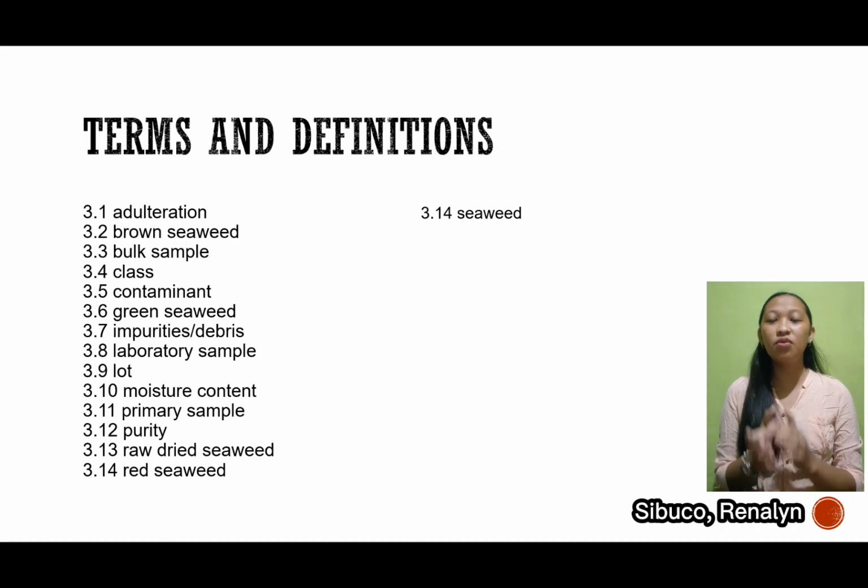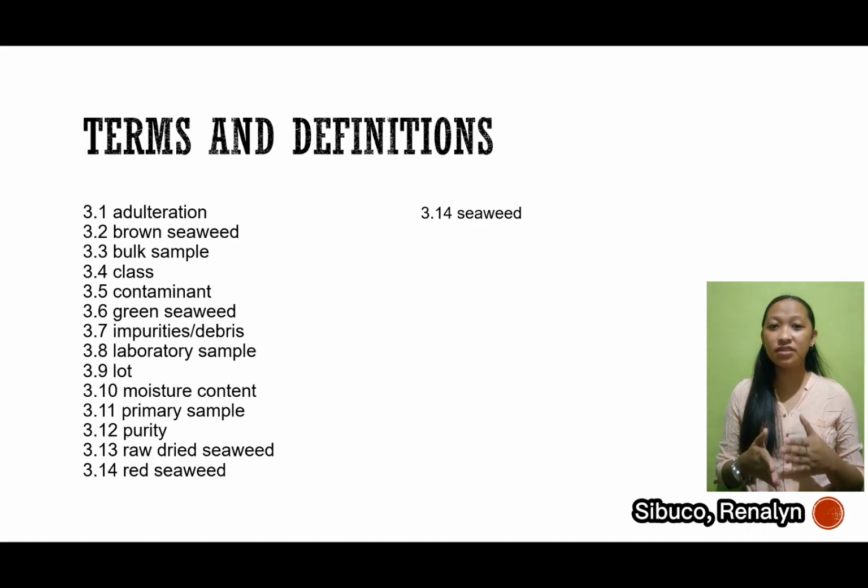Impurities, debris, laboratory sample quantity, lot, moisture content amount, primary sample, purity. For impurities or debris, other seaweeds, plastic materials, fragments of soft plastic tie or ties, nylon rope, and styrofoam fragments, wood, dirt, coralline particles, crustaceans, and molluscan shells, other invertebrates, sand, and other foreign matters.